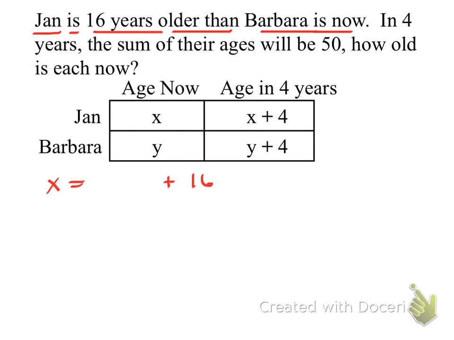Plus 16. Notice I'm going to switch. My 16 goes to the right of the plus sign, and what goes to the left? Y plus 16. There's my first equation.